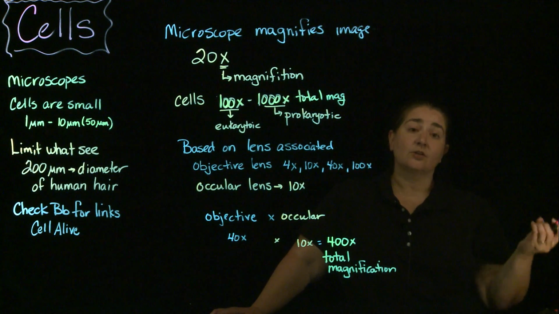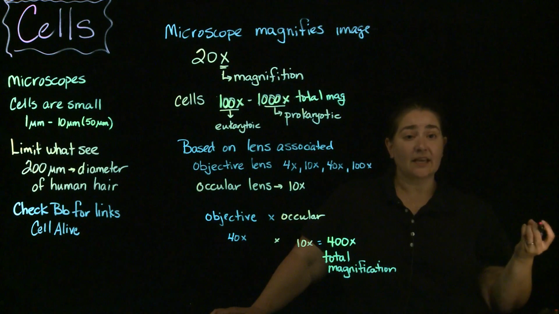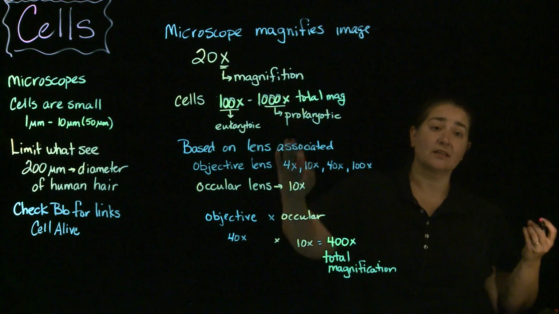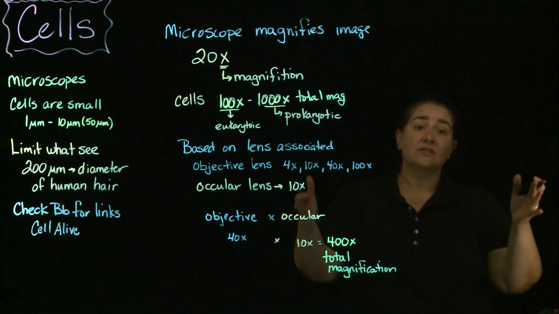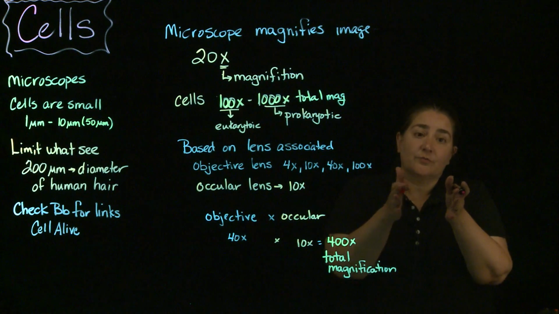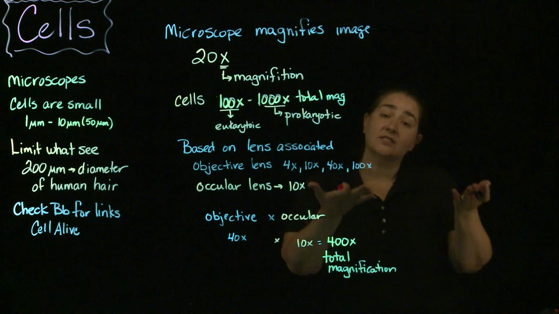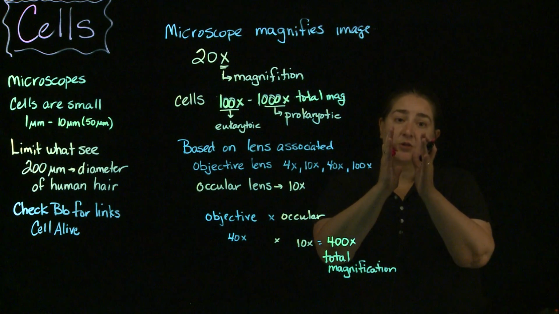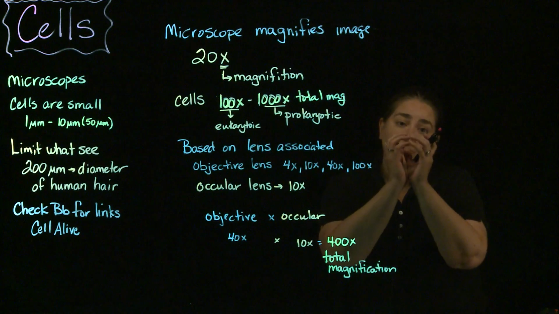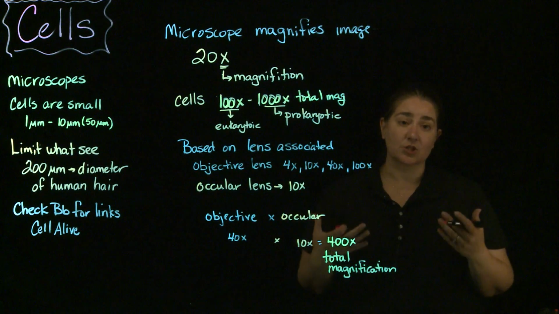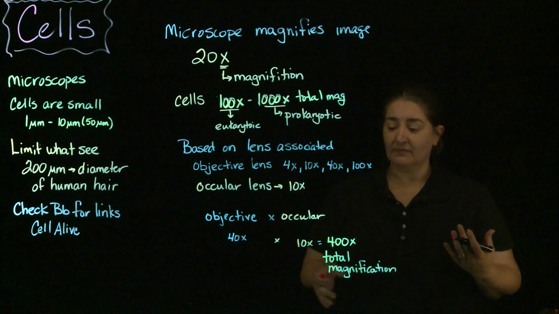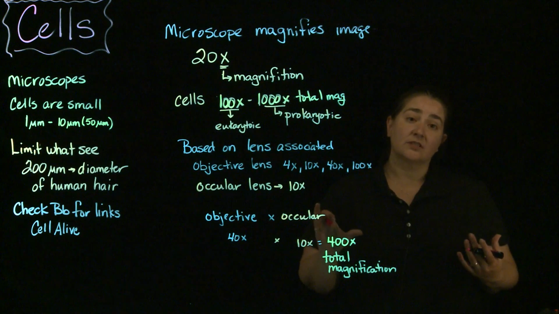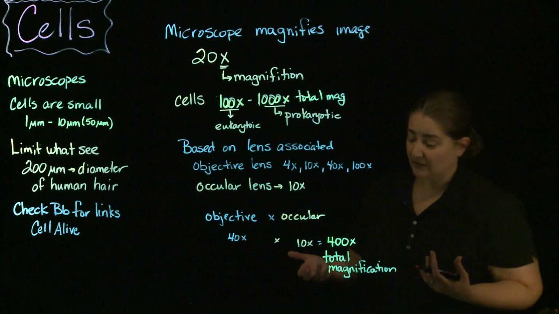You're going to be able to see more detail at a higher magnification, so 400x, 1000x, but you're going to see a smaller field of view. So when you increase the magnification, your field of view in the microscope gets smaller. So you're concentrating on a smaller and smaller piece of whatever tissue or sample that you're looking at. That's just one of the characteristics associated with microscopes.